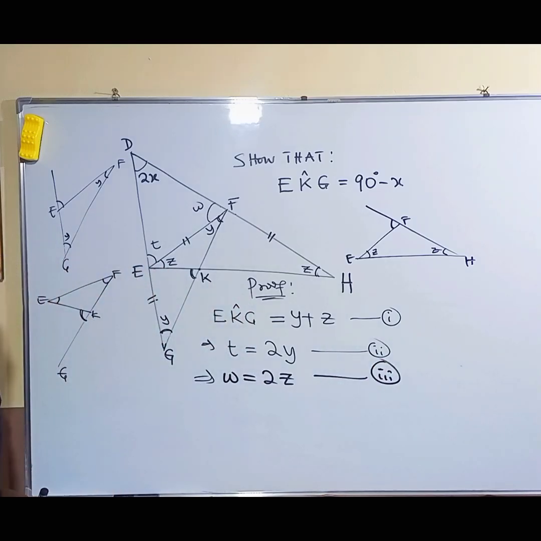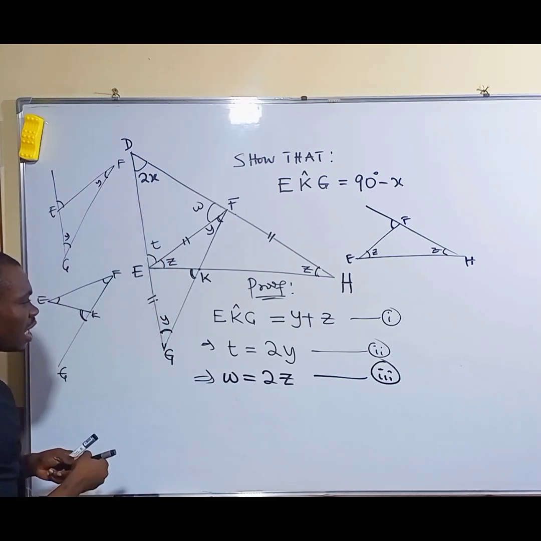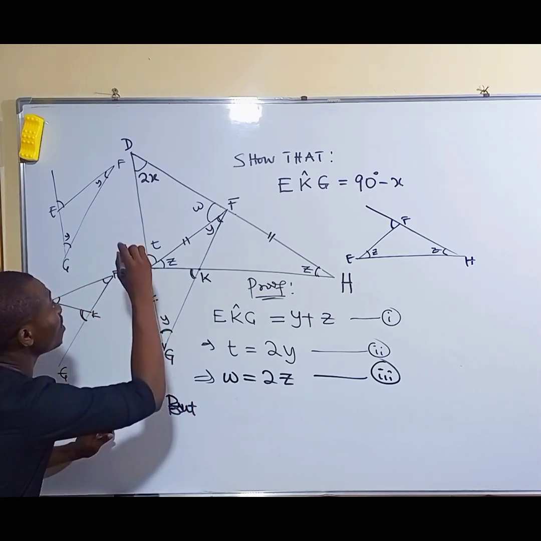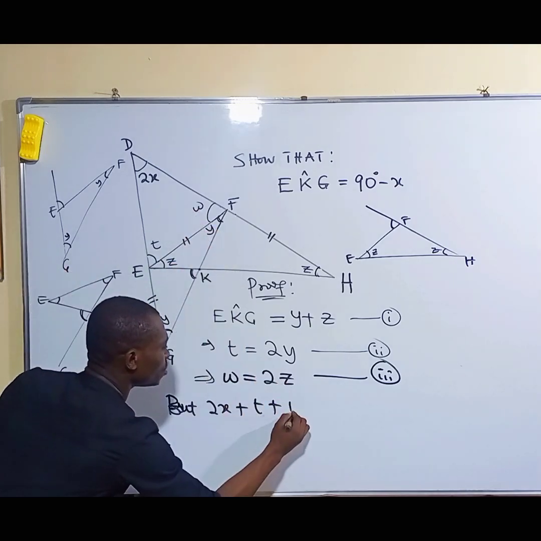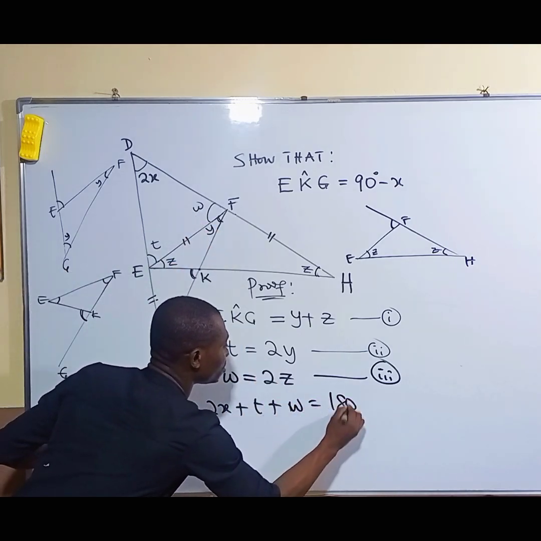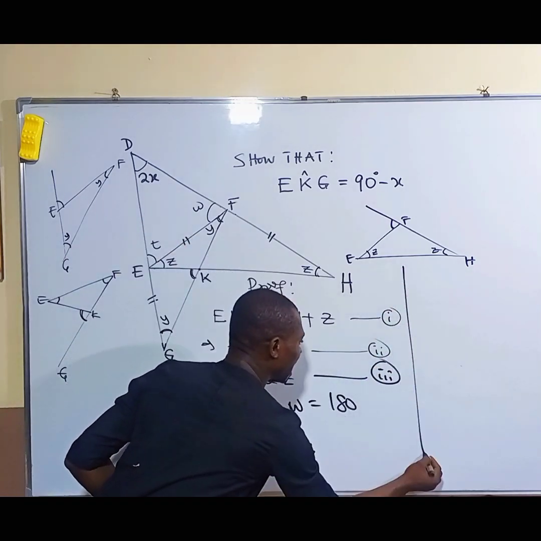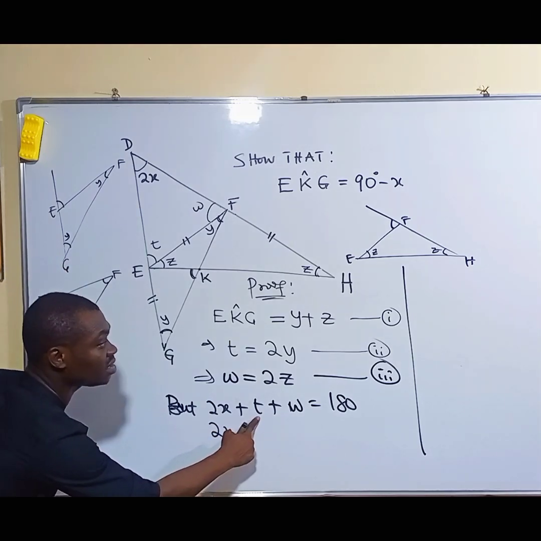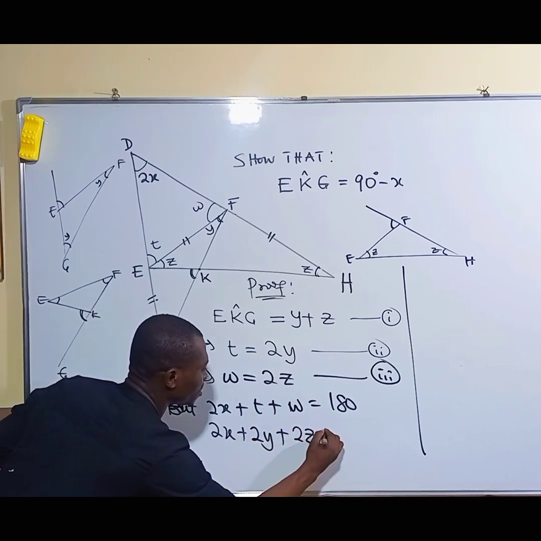I think these three pieces of information are enough for us to get our answer. The sum of these three is equal to 180 degrees. So 2x plus T plus W is equal to 180 degrees. The reason: sum of the angles in a triangle. Recall that my T is equal to 2Y and my W is equal to 2Z.